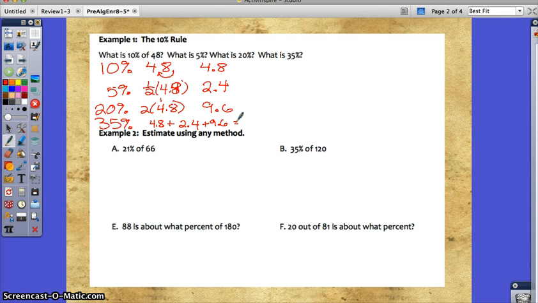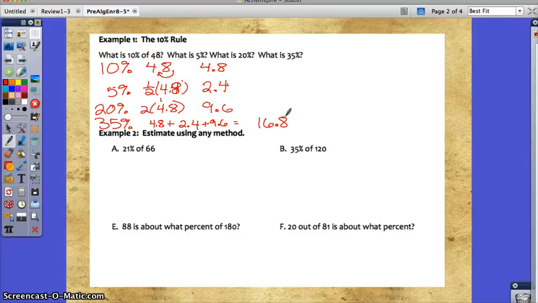So add those 3 decimals up, and that'll give you a great estimated value for 35% of 48. We add these up, and we have 16 and 8/10. So find 10% first, then go from there. You can always double it or triple it to get 20 or 30%. You can break it in half to get 5%. So it's a nice thing to work with.